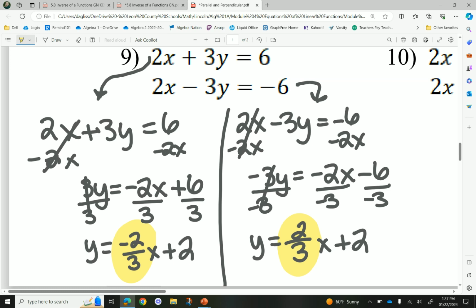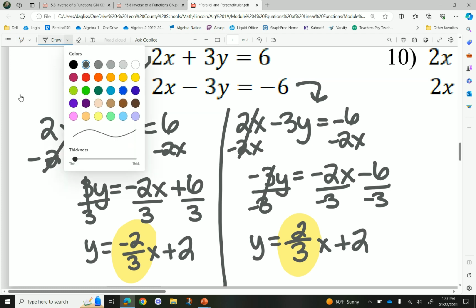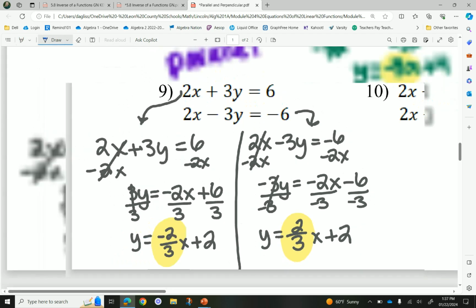If you're saying parallel, they should both be positive or both be negative, right? Yes. And to be perpendicular, one of those fractions needs to be flipped. So that's what's wrong with both of them. To be parallel, they should both be positive or both be negative. To be perpendicular, one of my fractions had to flip, and it did not. So this is going to be neither. This is number 9.